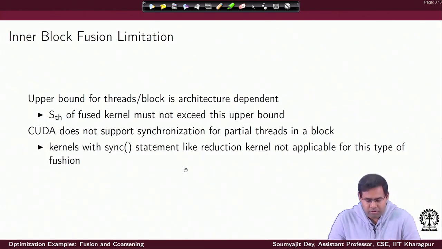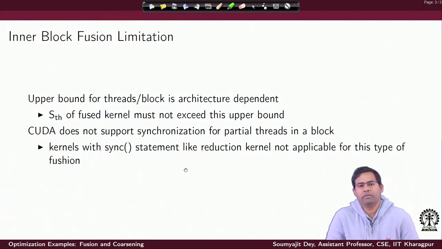Now coming to some of the important points, as we have discussed earlier, the total number of threads per block for the fused kernel should not exceed the upper bound. We have to remember this because the threads per block upper bound is architecture dependent.